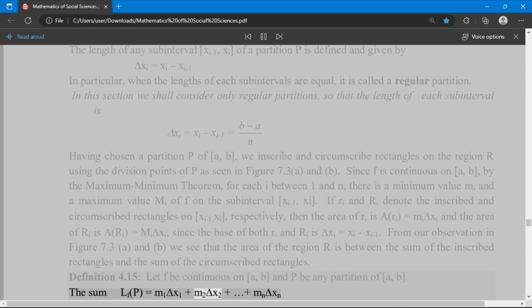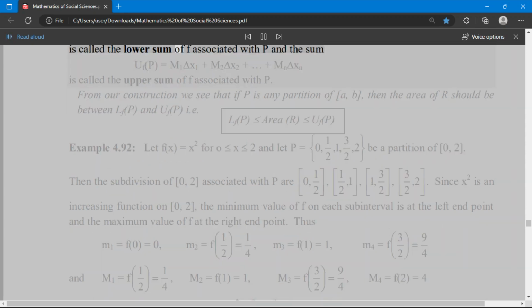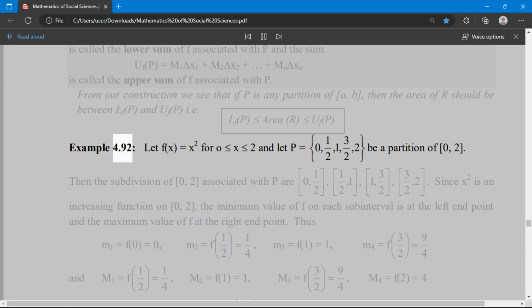The sum L(f, P) = m_1Δx_1 + m_2Δx_2 + ... + m_nΔx_n is called the lower sum of f associated with P, and the sum U(f, P) = M_1Δx_1 + M_2Δx_2 + ... + M_nΔx_n is called the upper sum of f associated with P. From our construction we see that if P is any partition of [a, b], then the area of R should be between L(f, P) and U(f, P), i.e.